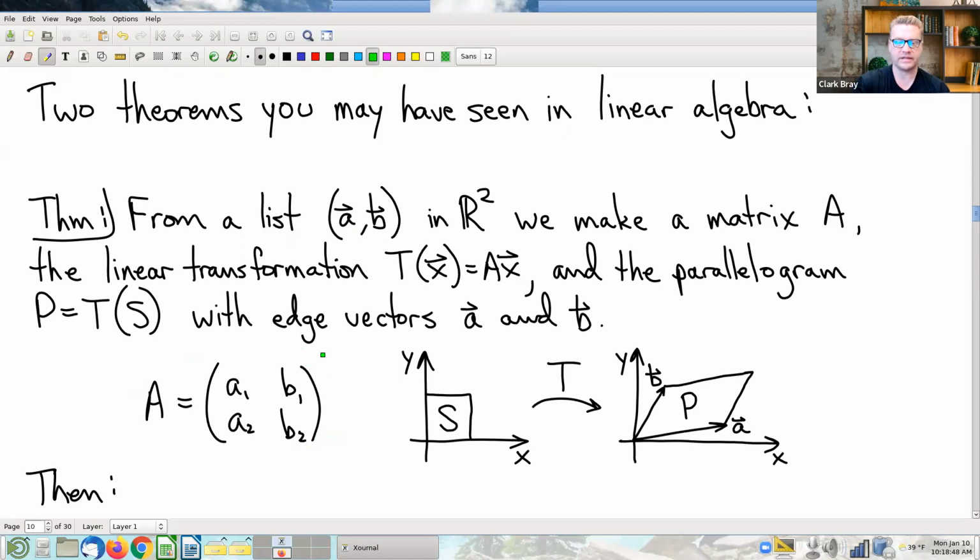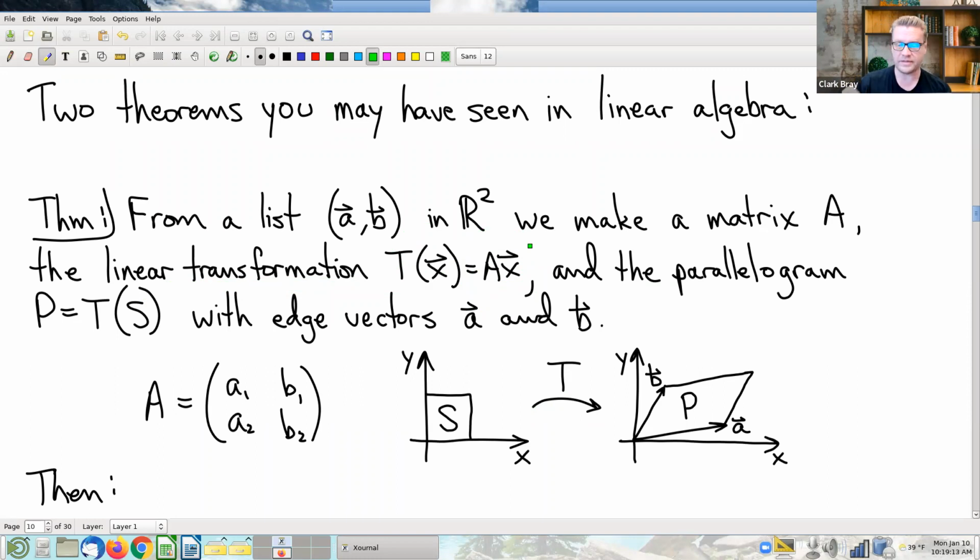You're just going to take these and make them the columns. Next, we're going to make the linear transformation. Whenever you have a matrix, you have a linear transformation. Given a matrix, this is a function, and that function is linear.